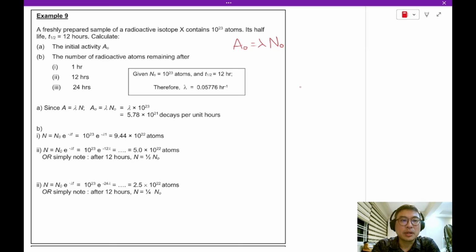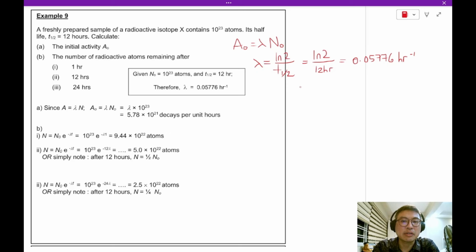We find lambda based on the equation that lambda equals ln 2 divided by half-life. In this case, it will be ln 2 divided by 12 hours. This is going to give us 0.05776 per hour.